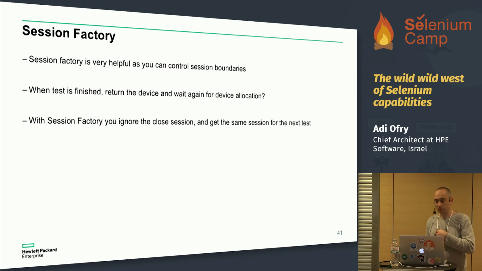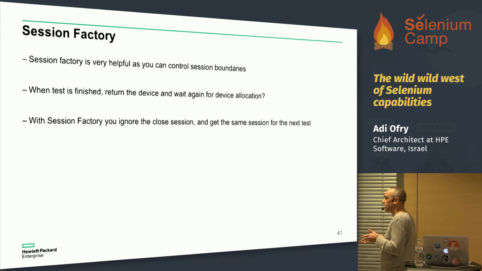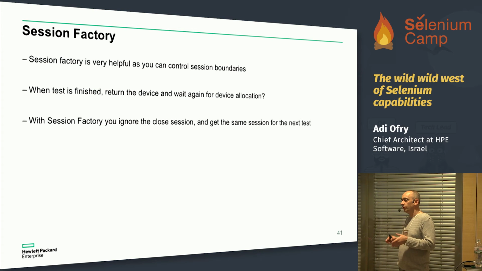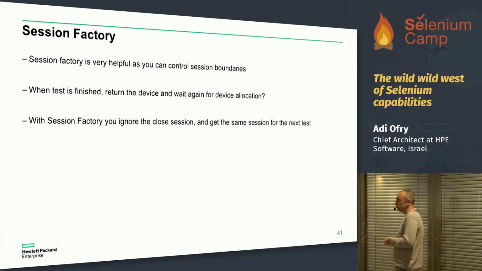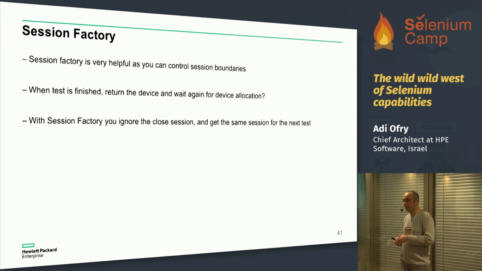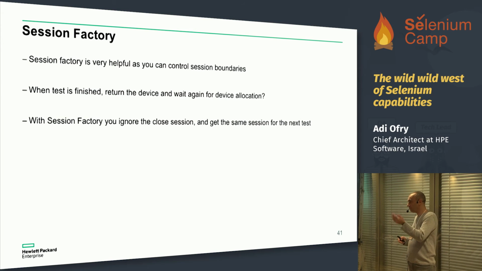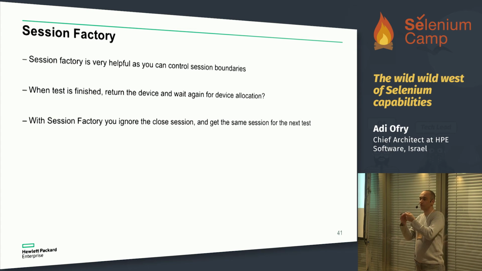Something that you can, of course, use, and probably most of you do, is create a session factory that can help you decide what are the session boundaries. When is a session created and when is it destroyed? Why is it good? If you use a mobile from the cloud and you have few tests, you don't want after each test to release it to the cloud vendor and then request another one, wait for 1.5 minutes, 2 minutes between each test.